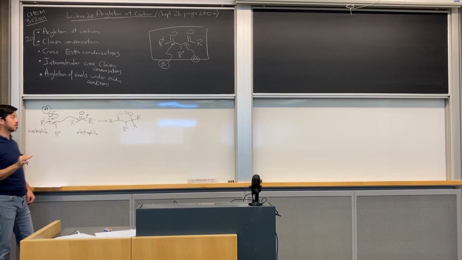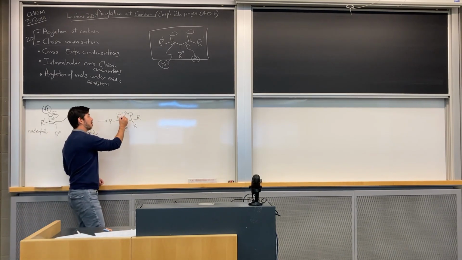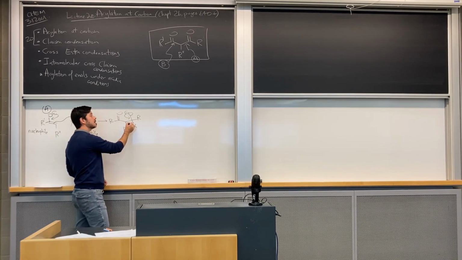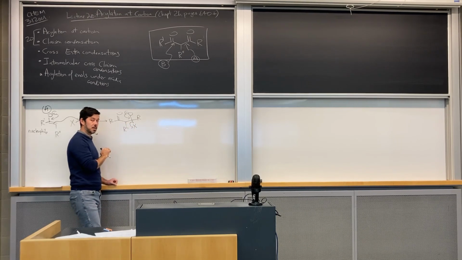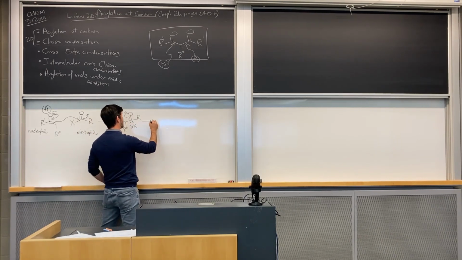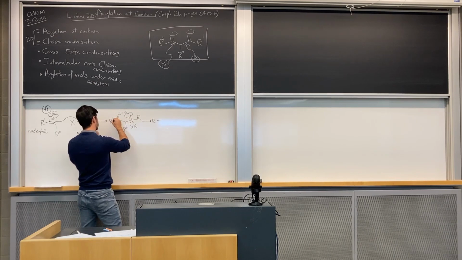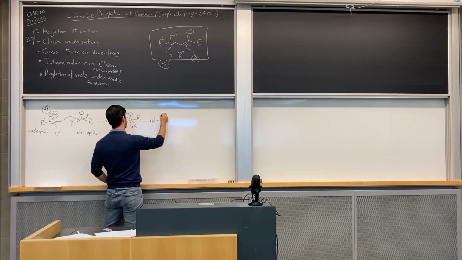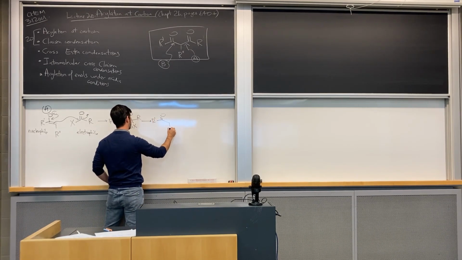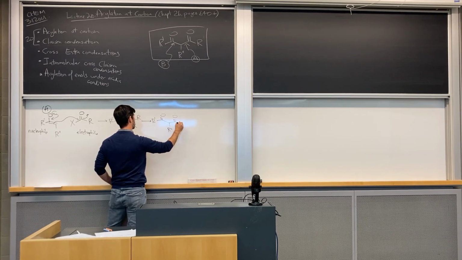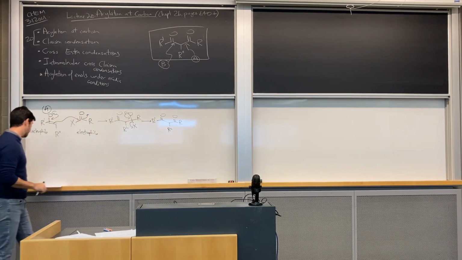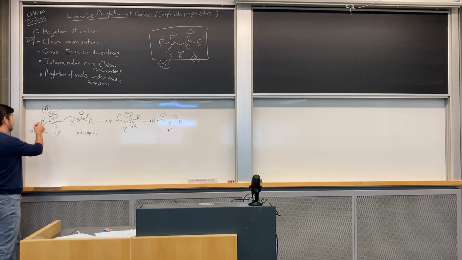Form that tetrahedral intermediate, then you form back the carbonyl, displace off your leaving group X, and you'll be left with the desired product there. So that's route A.